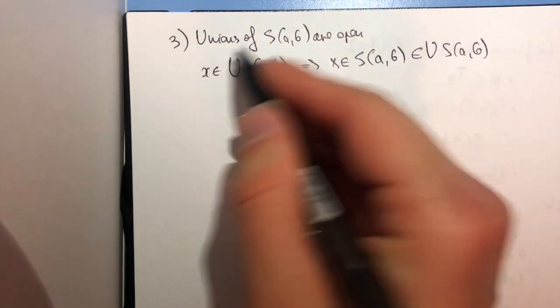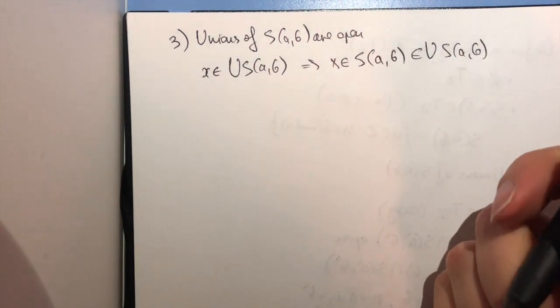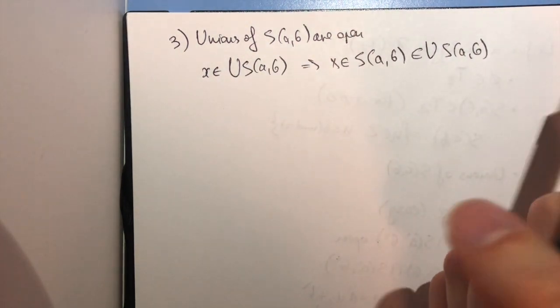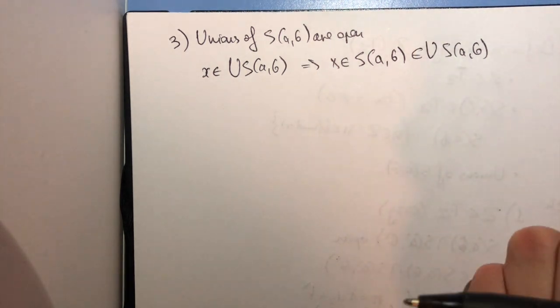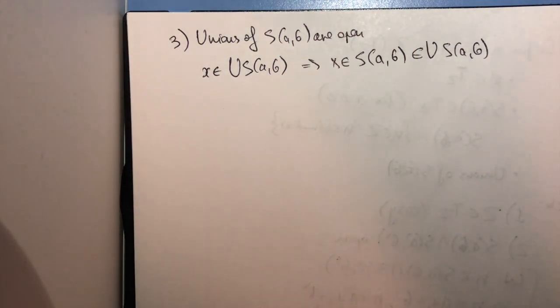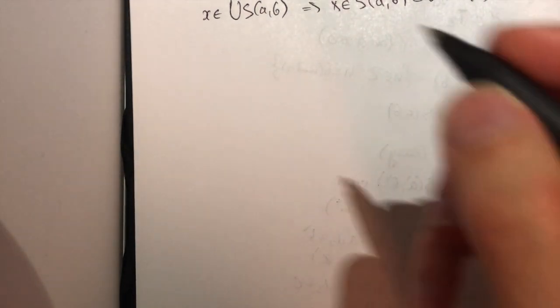So the union axiom for topology holds almost by definition.